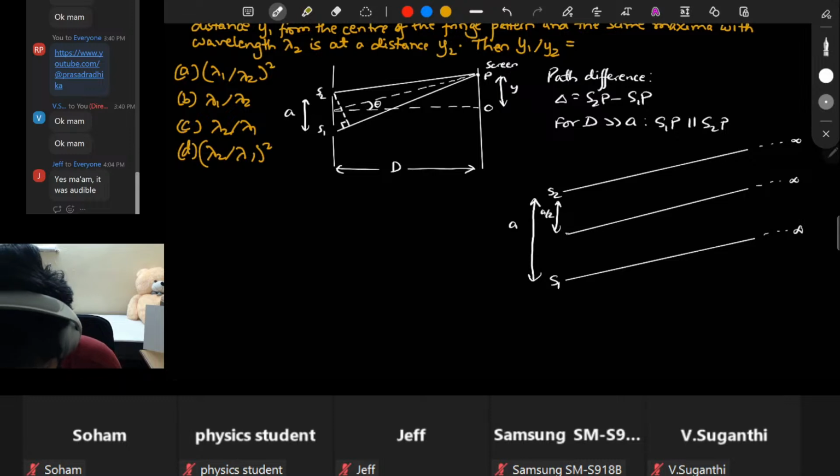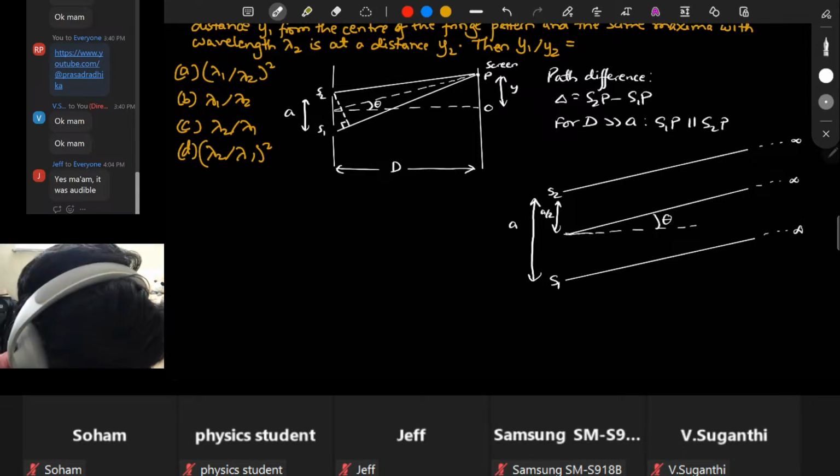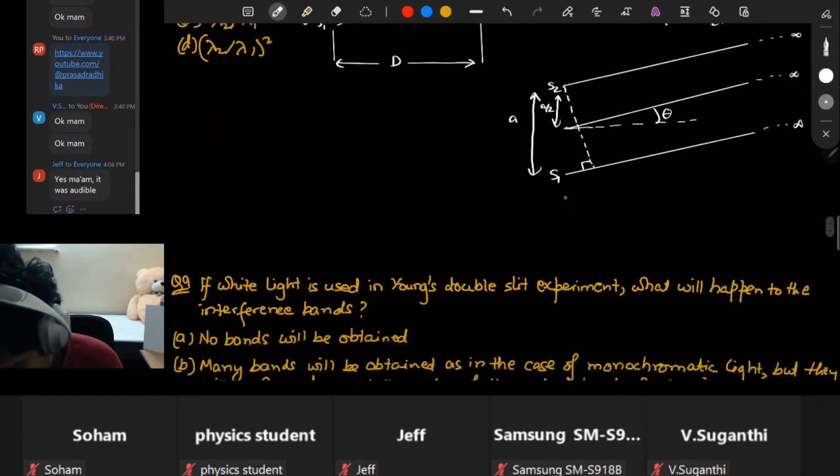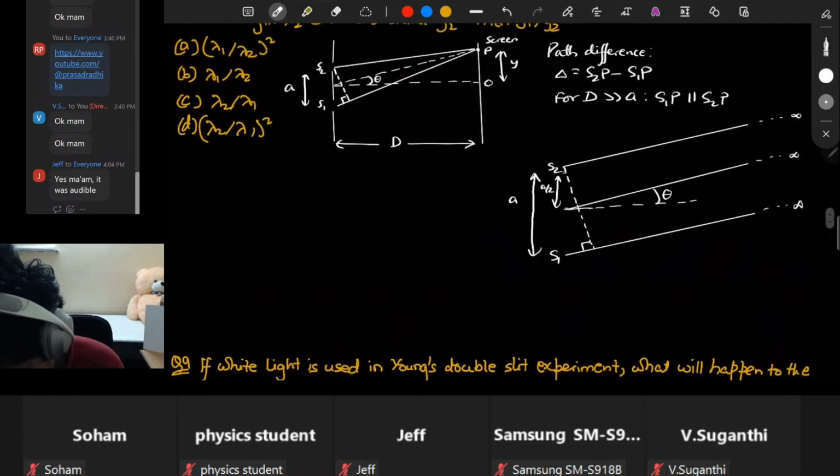And this angle from the horizontal is theta. And we are dropping a perpendicular from S2 onto S1. And then we have this line joining S1 and S2.